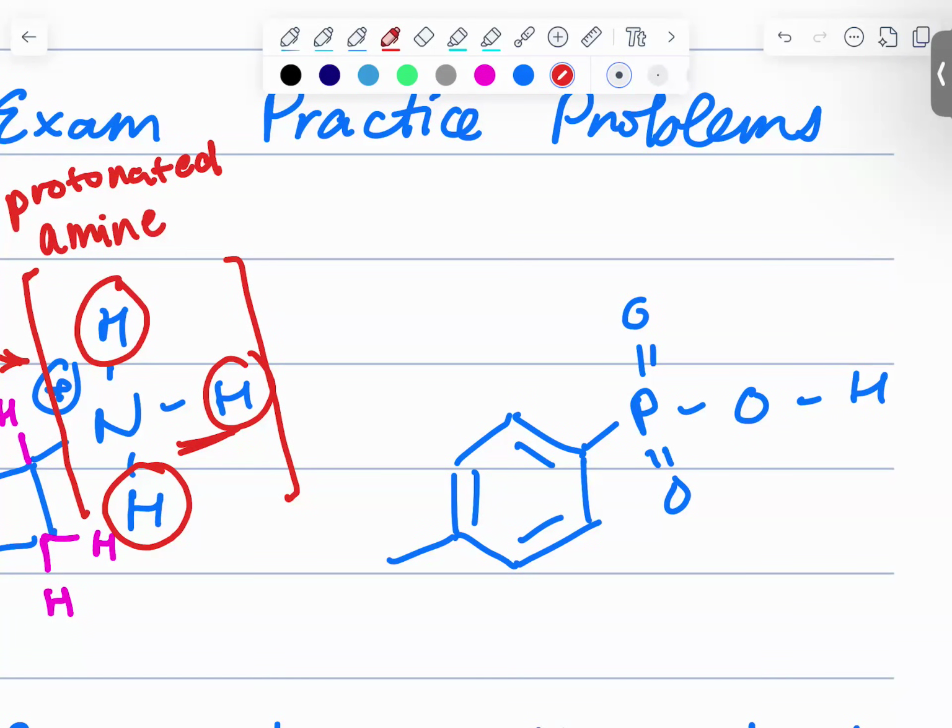Say it louder. So you're half right. Phosphate diester. Do you know what the root of di is? Yeah, root of di is 2. So this is just phosphate.